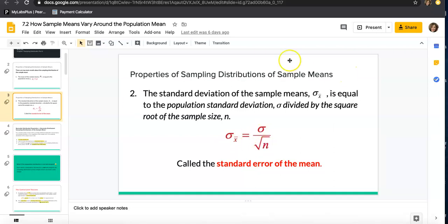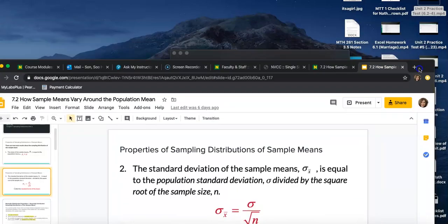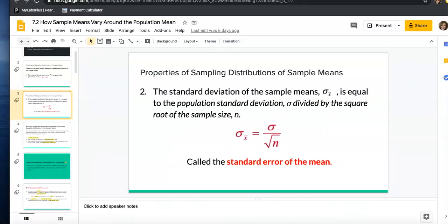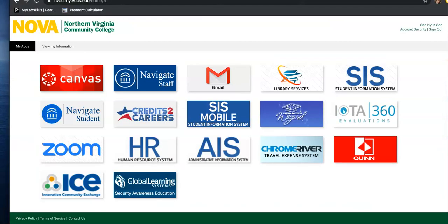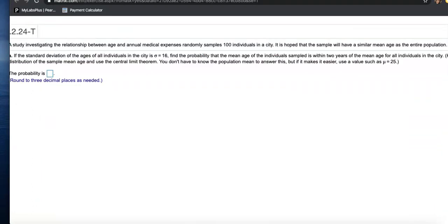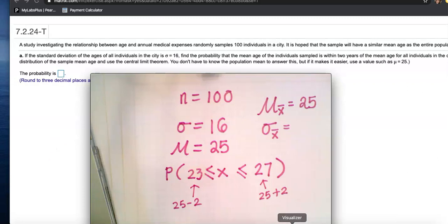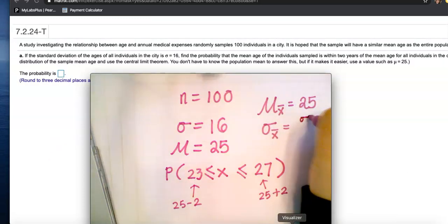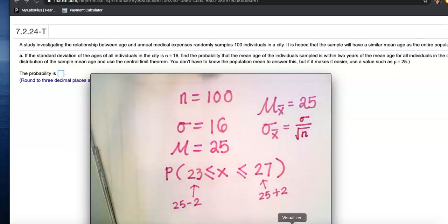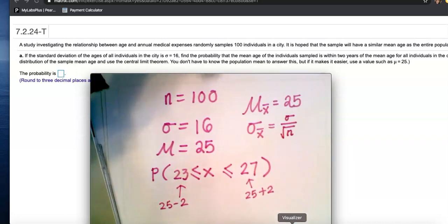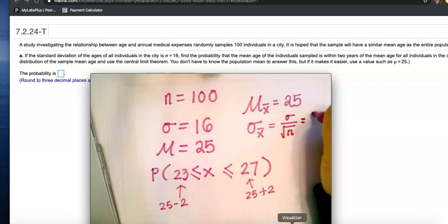So let me go back and write that down. I've got all these things open right here. Okay, I'm back to my problem, and I'm going to write down my formula: standard deviation divided by square root of n. They gave us that the standard deviation for this population is 16 and that the sample size is 100.